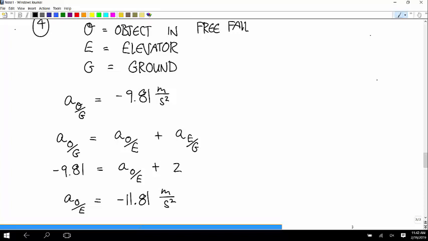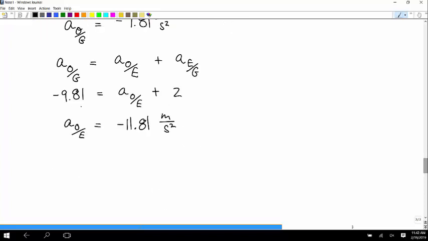A couple people used different setups. I pretty much always look for a way to write it as the object relative to the ground and then deal with the vehicle as the intermediate thing. But there's no reason you have to do that. You can use any form where the fraction multiplication thing works for those variables.